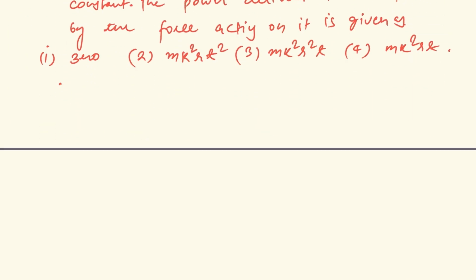Now let us solve this problem. We already know that in circular motion, two forces act. One force is always directed towards the center, and that force is called centripetal force, and one force is always directed along the tangent of the circular motion. We call it tangential force.